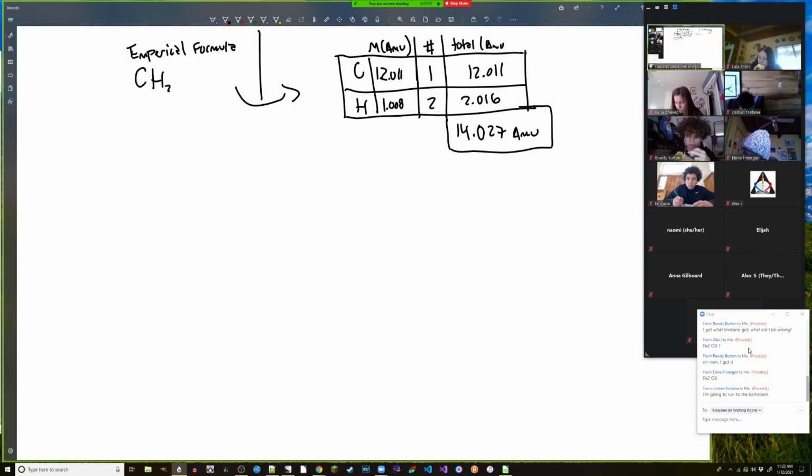So no matter if it's a covalent or ionic compound, this is the same process we use to get to the mass, right? But if it's a covalent compound, we call this the molecular mass. Or in this case, I suppose it's a formula mass, because we don't really know the formula yet. And if it's an ionic compound, we call it a formula mass. And that's because for a covalent compound, as long as we know that this is the exact formula that it is, right?